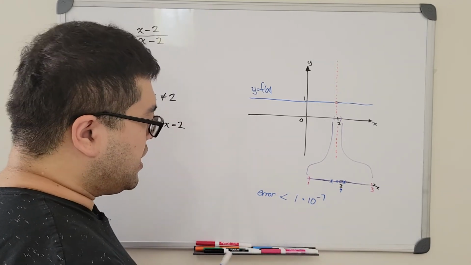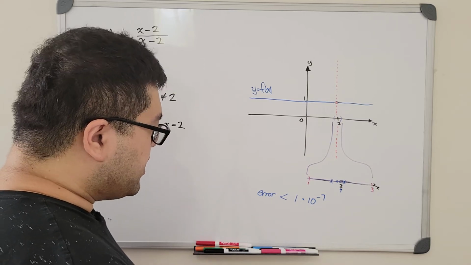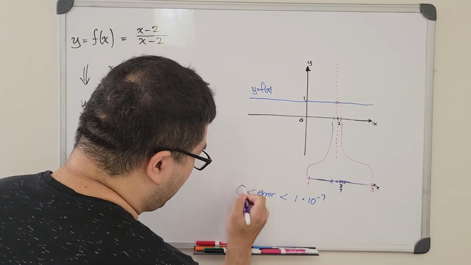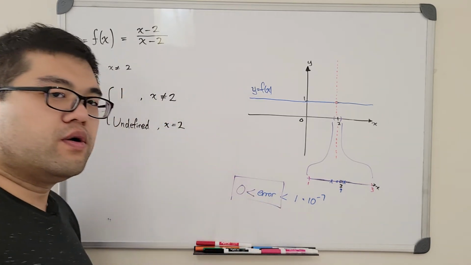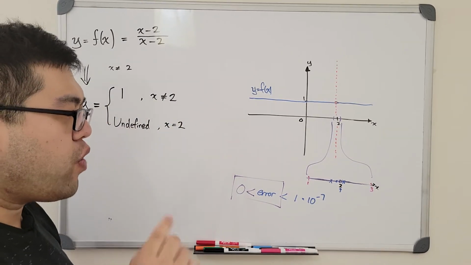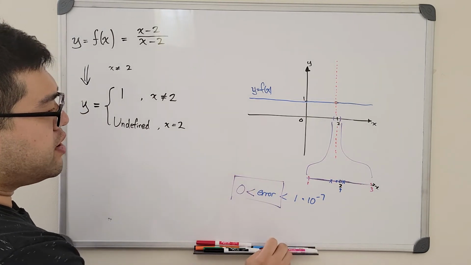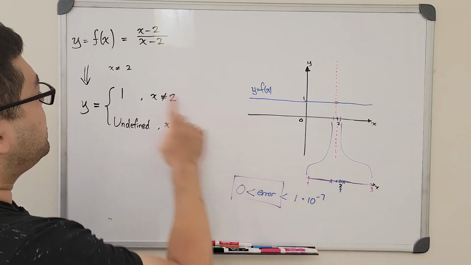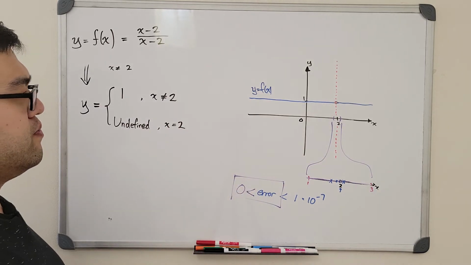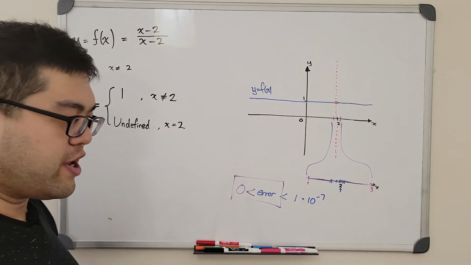But keep in mind that this error is always a positive value, meaning that there is always a gap between the points that we choose and the actual values that we're going to substitute in.